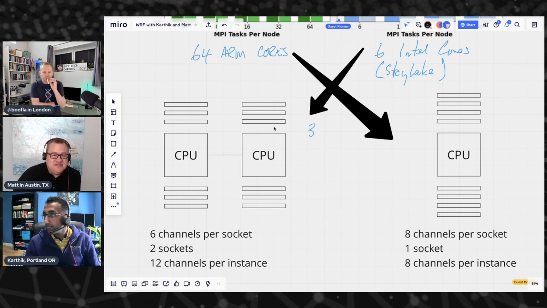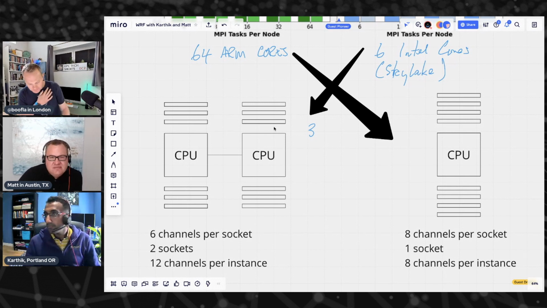The Intel side, which is on the left now, has 2 sockets, and each of those has 6 channels. So if we're looking at memory bandwidth, the Intel side actually has 12 channels versus the 8 channels at an instance level. That was interesting when we first looked at this data, to say, wow, it's surprising that the Graviton instance was doing so well, even at just the single instance level.